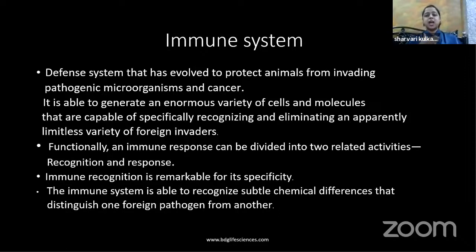So, as our army is the protector of our country, the immune system is the defense system which protects animals from pathogens. The reason this capacity is there is because it is able to recognize and eliminate a limitless variety of foreign invaders.